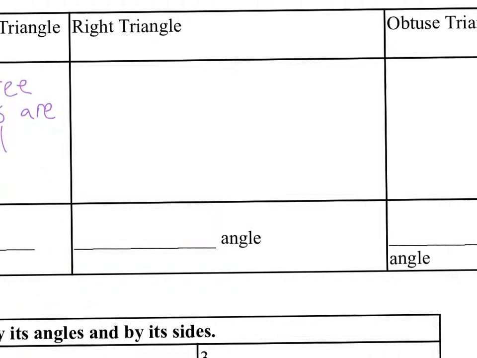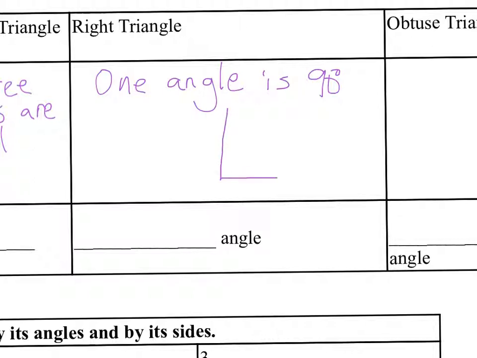For a right triangle, one angle is 90 degrees. See if I can draw this here. And whenever you see a right triangle, you will have a symbol like that. So this has a 90-degree angle.